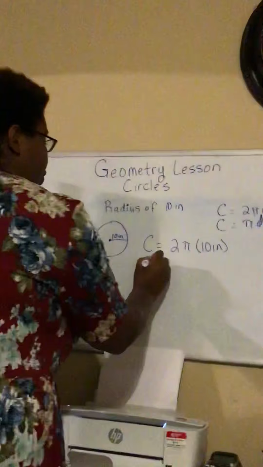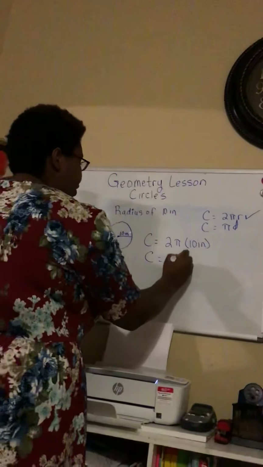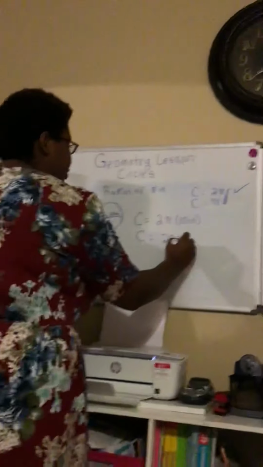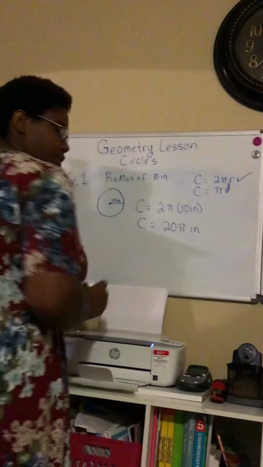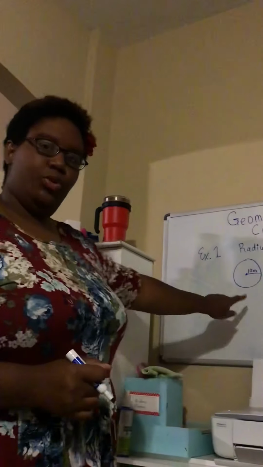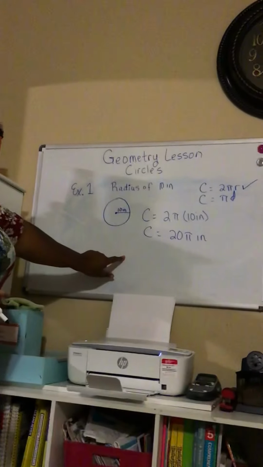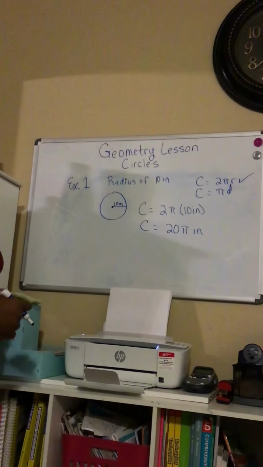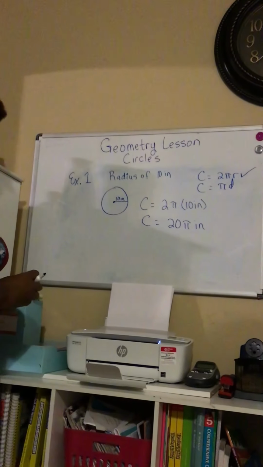So my answer will be 20 pi inches. Okay? That is my final answer for that problem. Pretty simple. Make sure we look at the board so we get that final work. Now let's do a different example.